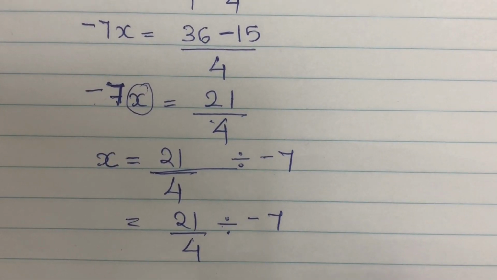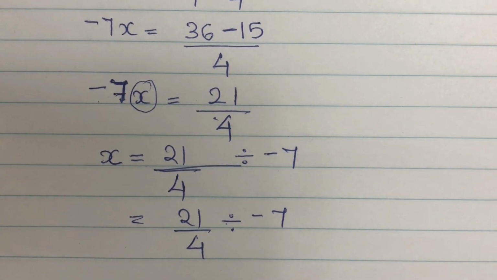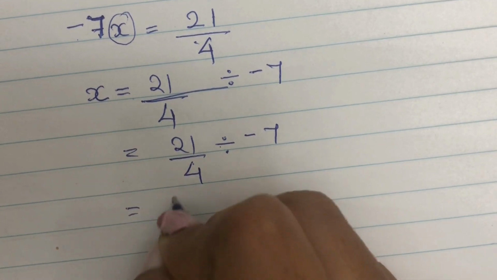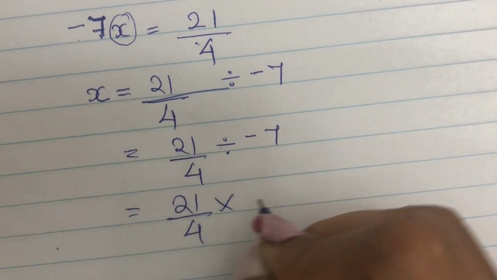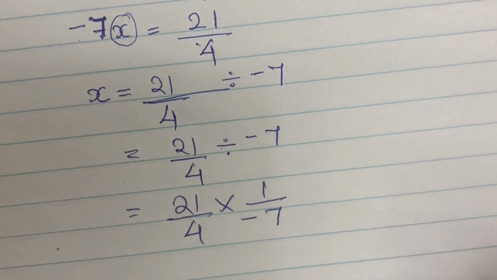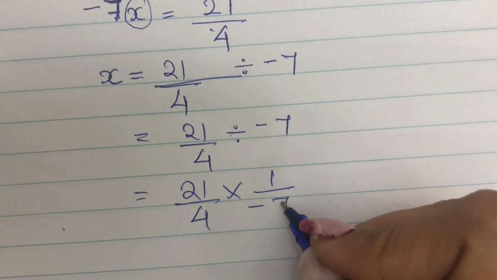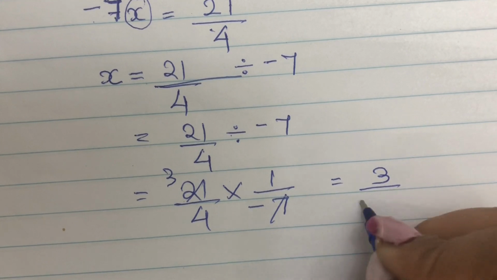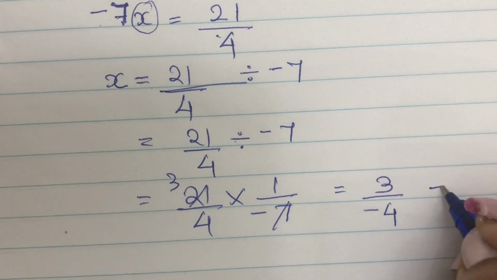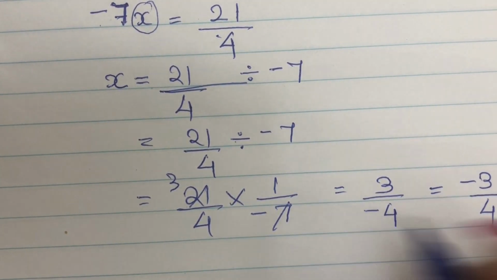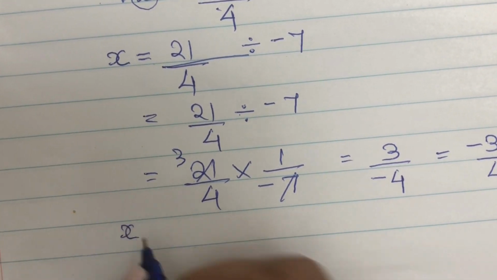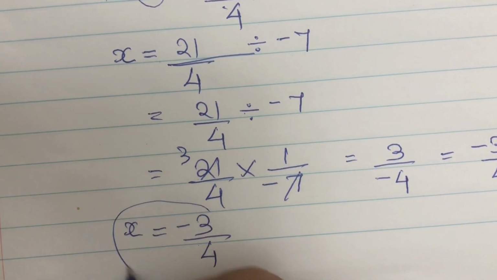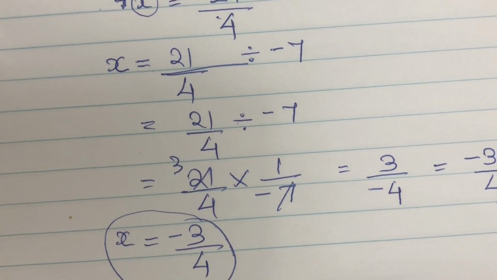Okay, so how will we divide by minus 7? By multiplying by the reciprocal of minus 7. So what? 21 by 4 into 1 by minus 7. So we can cancel this, right? 7, 3. So 3 by minus 4. So it is minus 3 by 4. So here x equal to minus 3 by 4 is the solution. Understood, right?